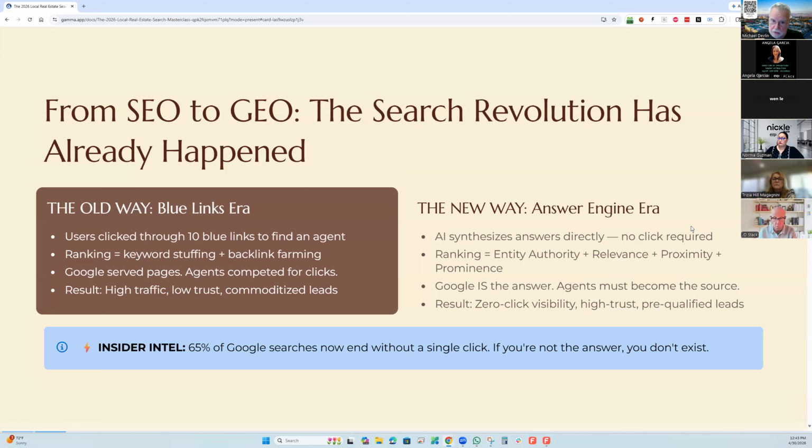Google's little robot spider would crawl the page and see the keywords. None of that works anymore. The old search engine optimization systems don't work anymore. We used to have high traffic, low trust.